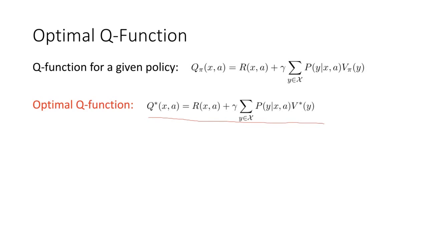Optimal Q value function is given the state X and action A, this is the reward that you are going to get. But from the next time step onward, you are going to follow the optimal policy. So the value corresponding to that is V star, and combining that, you will get Q star. So this also indicates that given the V star, given the optimal value, you can convert it back to the optimal Q value.